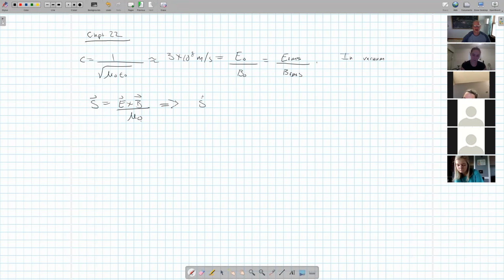So Snell's law says that if I go from one medium into another, where this is N1 and this is N2, then N1 times sine of theta 1 must be equal to N2 times sine of theta 2, where the two angles are in reference to the normal line.